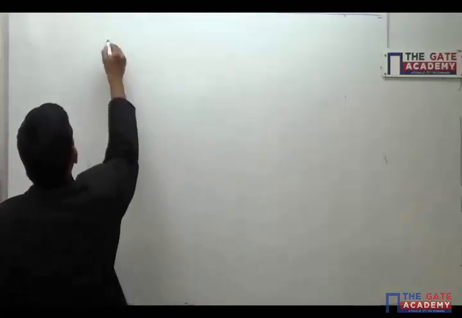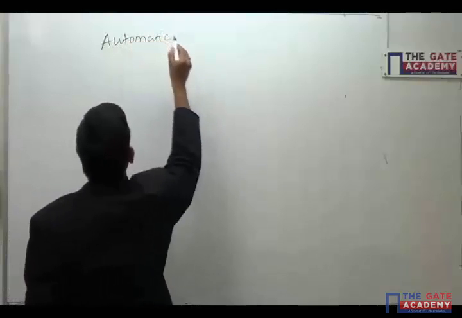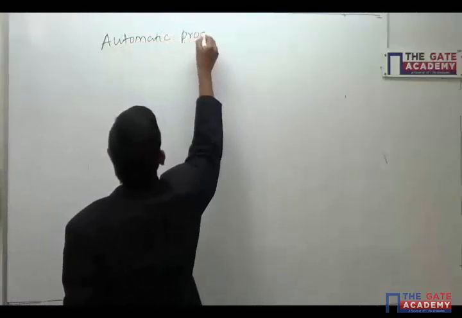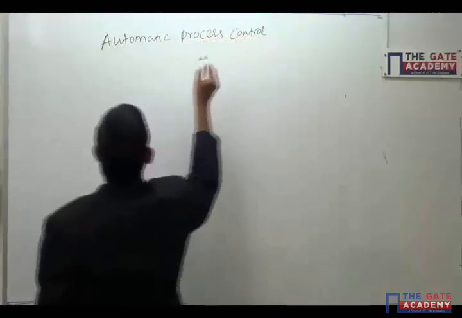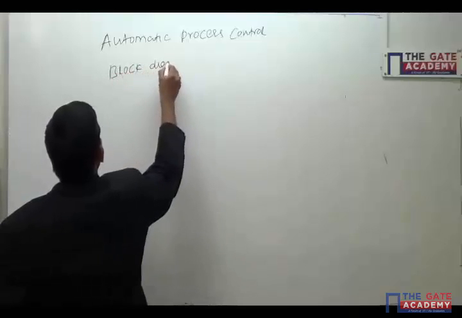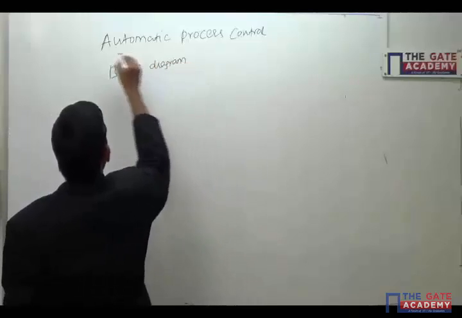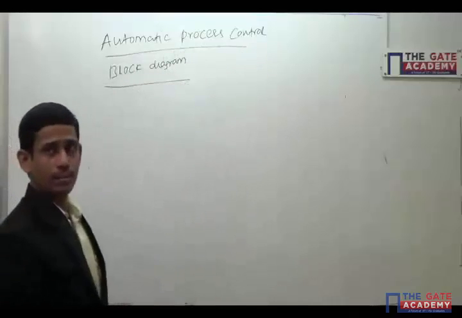Now I will write the block diagram of automatic process control. Automatic process control block diagram. So this is very important.